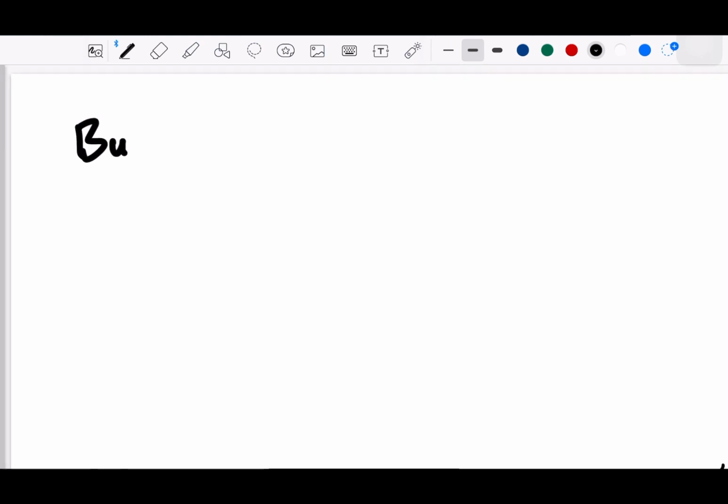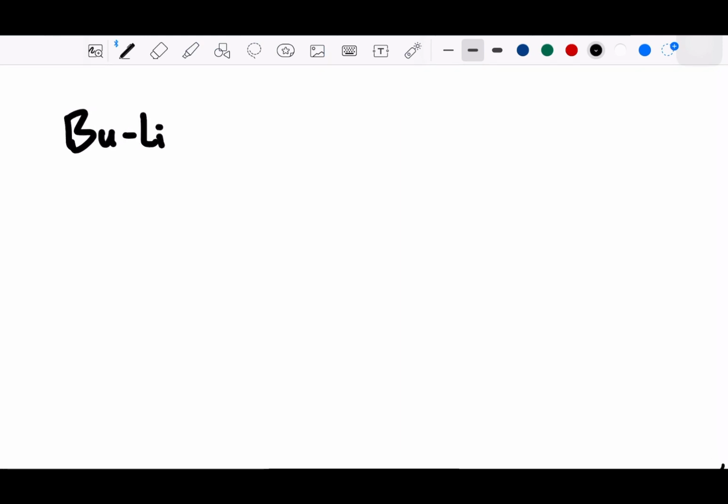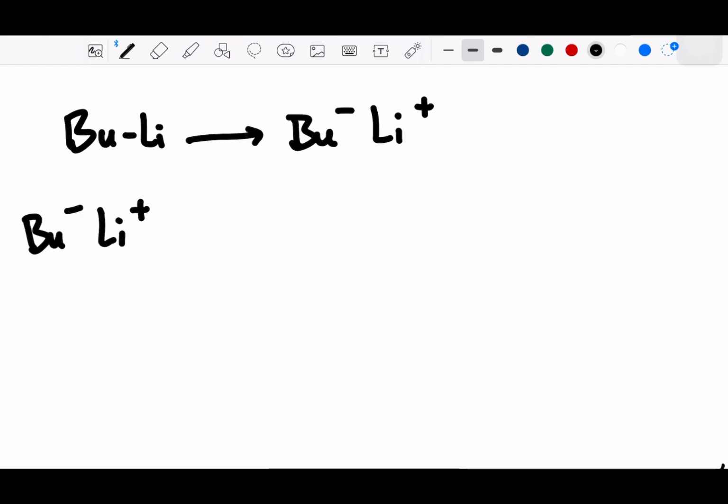Butyl lithium. So remember, you can take this and make it our initiator. So we are going to use this and then add it to the monomer.